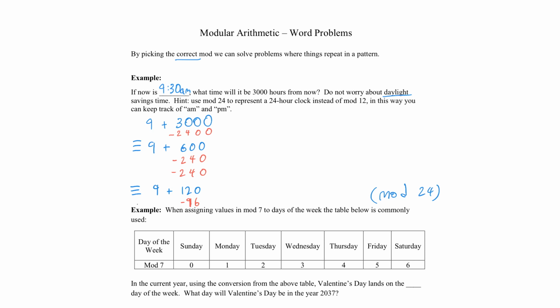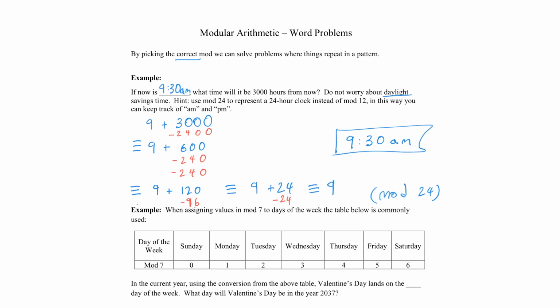So once we take away 96, we get 9 plus 24. 24 is 0 in mod 24. So it turns out for this particular problem, we don't change time at all, advancing 3,000 hours into the future, because it still ends up at 9 as the remainder when we divide by 24. So in this case, my answer would be 9:30 a.m.